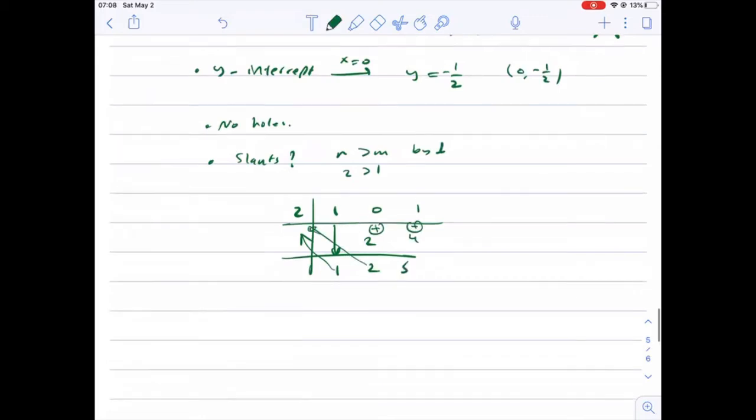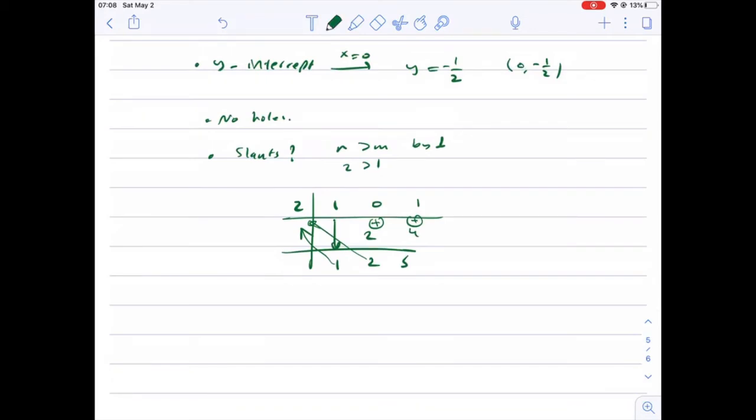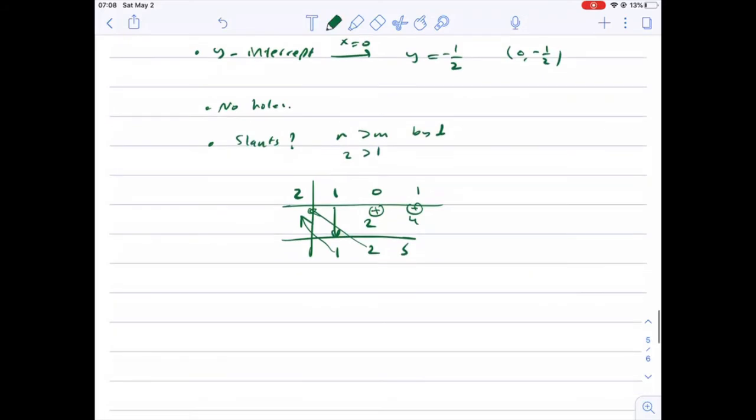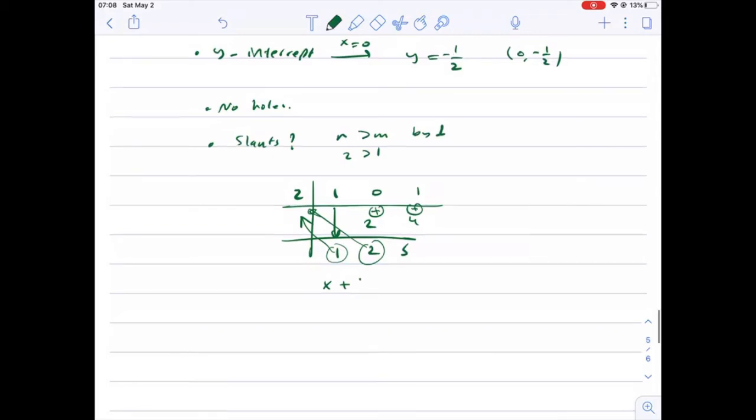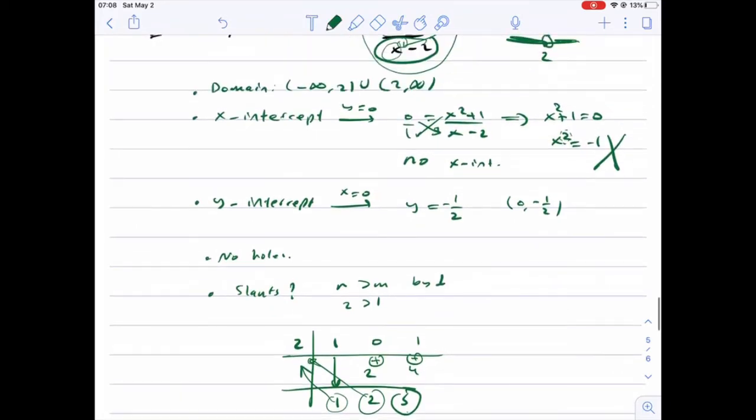We already did this when we introduced examples for slants. Now this is the coefficient of x, and this is the constant, and 5, this is the remainder, 5 over the denominator.